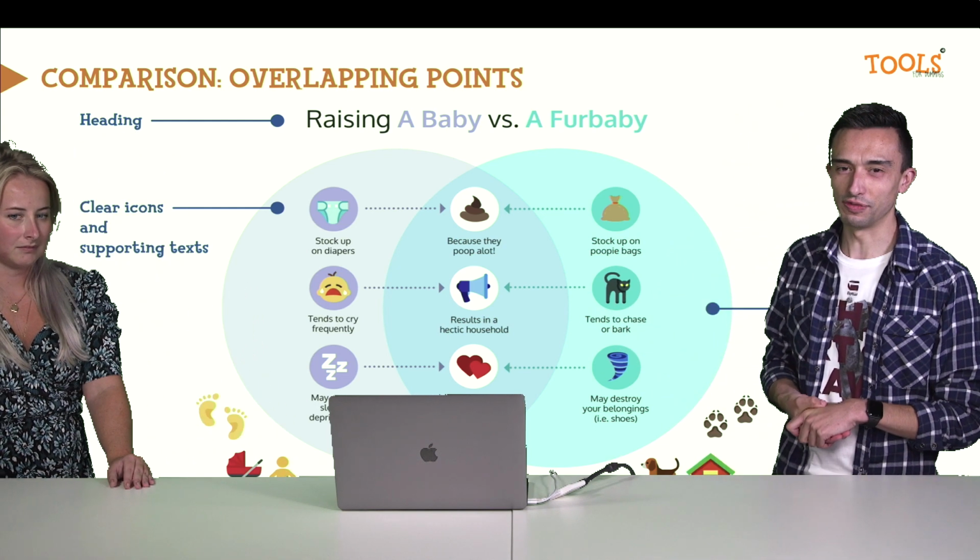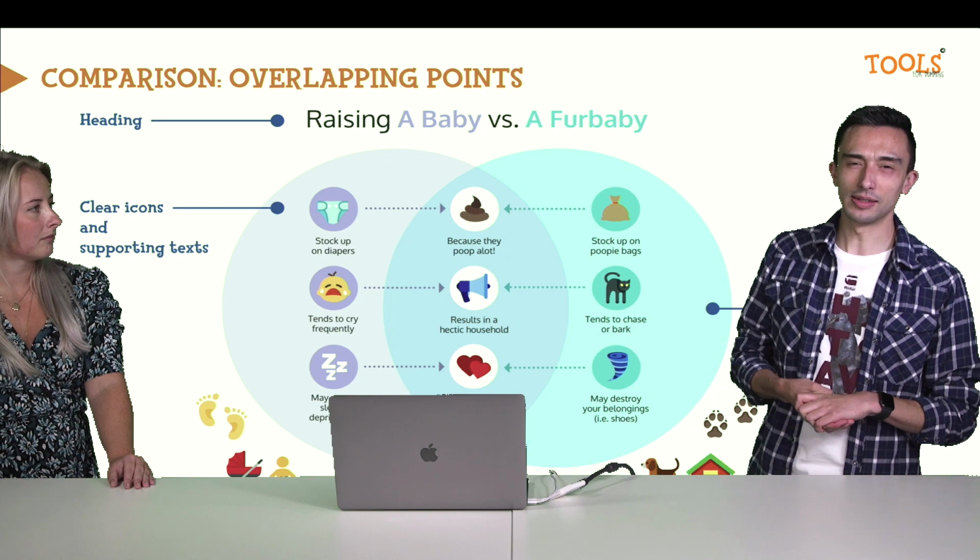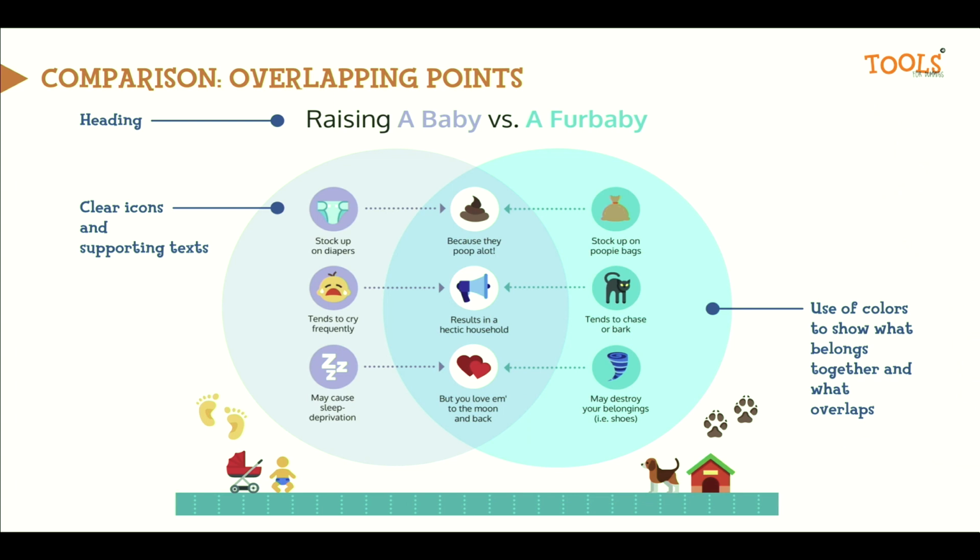It's also a very funny one, because this infographic compares a human baby with a pet baby, a fur baby, as they call it over here. And they each have their own characteristics, but they also have some things in common. And to make that clear, you can use these overlapping circles.